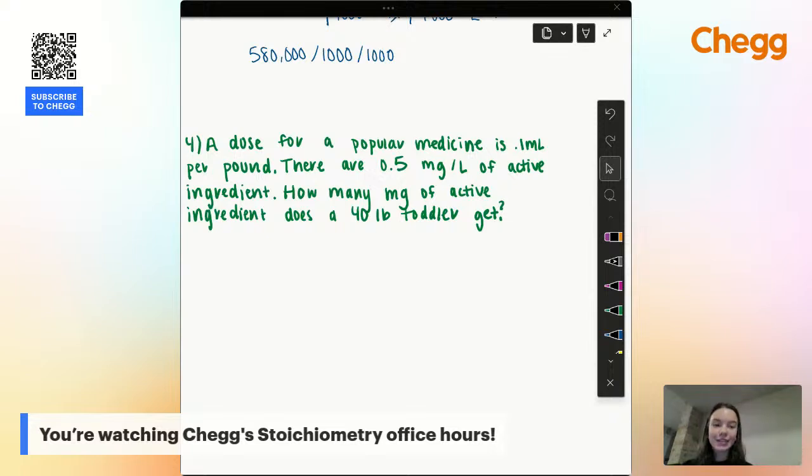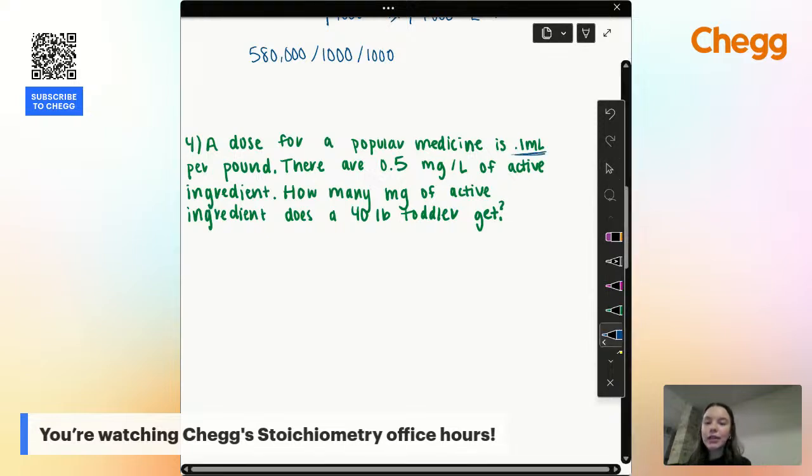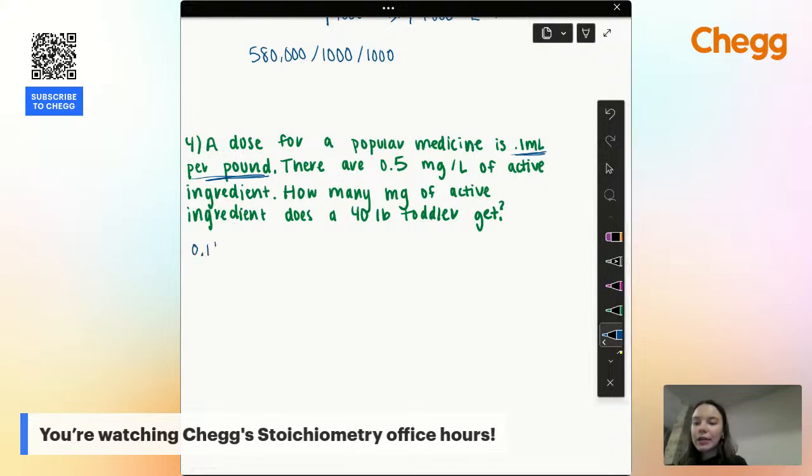They're no fun, and they're normally difficult to understand. So what I would encourage you to do is find the conversion factors within the problem. The first conversion factor I see is 0.1 milliliters per pound. So I'm going to write 0.1 milliliters per pound. Then let's see what other conversion factors we can find.